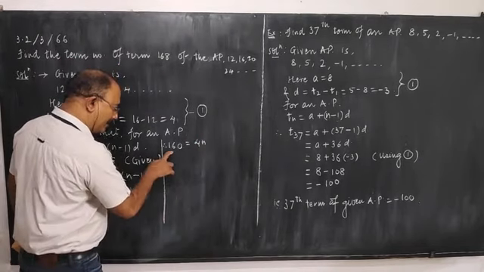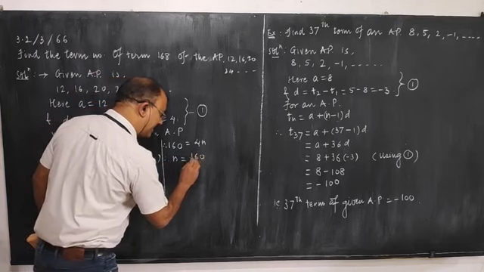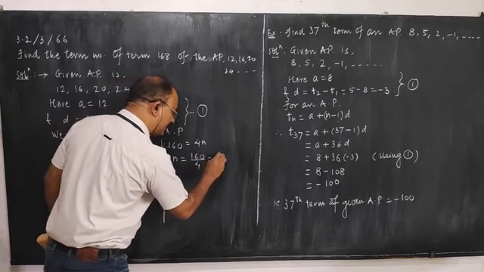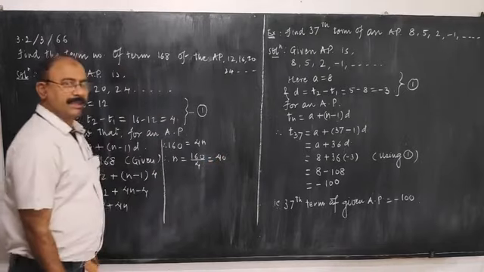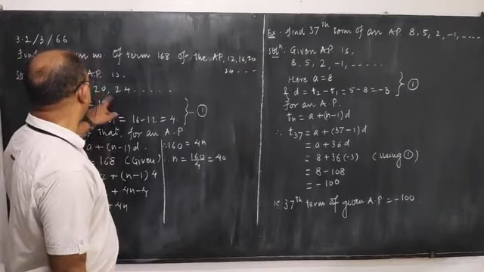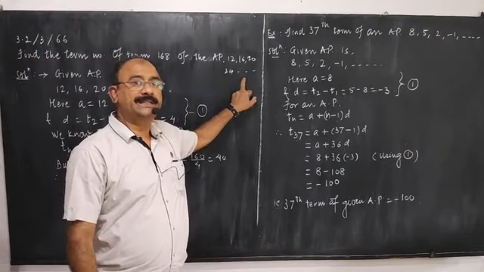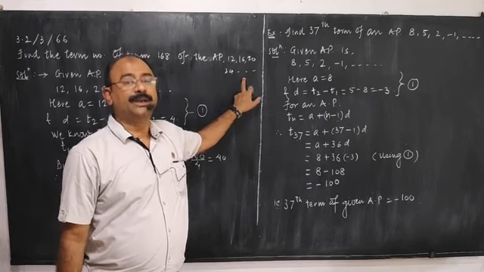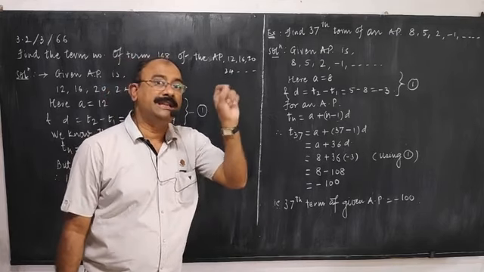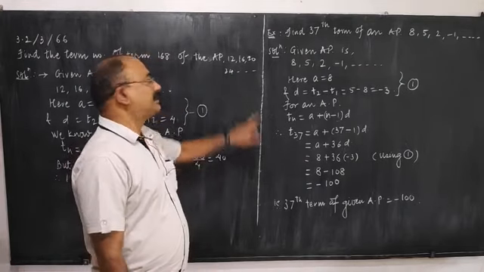Therefore this 4 will go in the denominator and hence the value of n comes out to be 160 divided by 4, which is equal to 40. What is n? The term number. So 168 is a term of this AP and its term number is 40. So it is the 40th term.